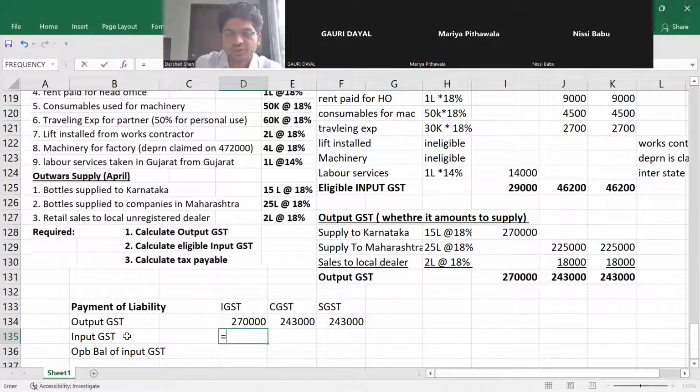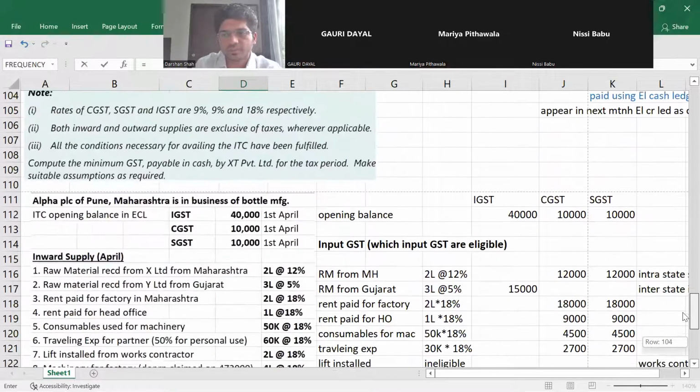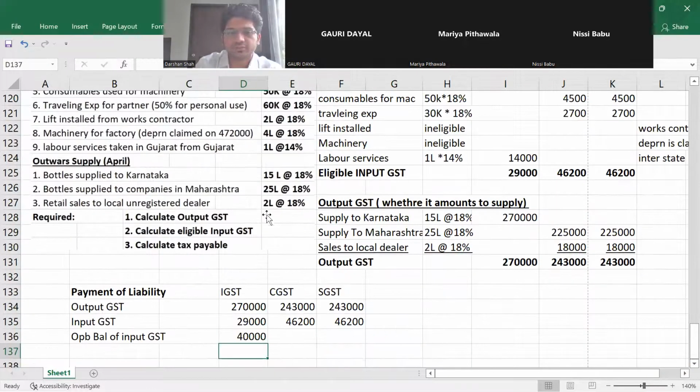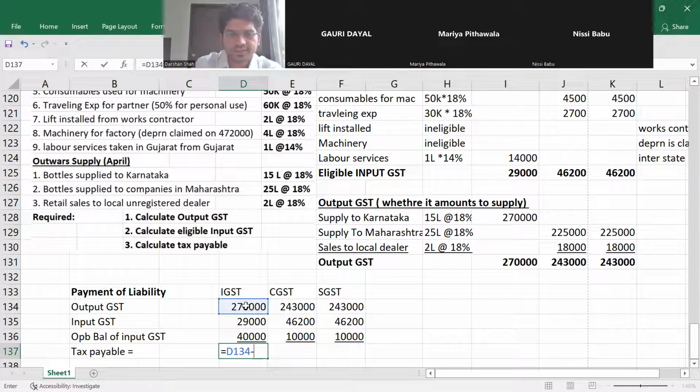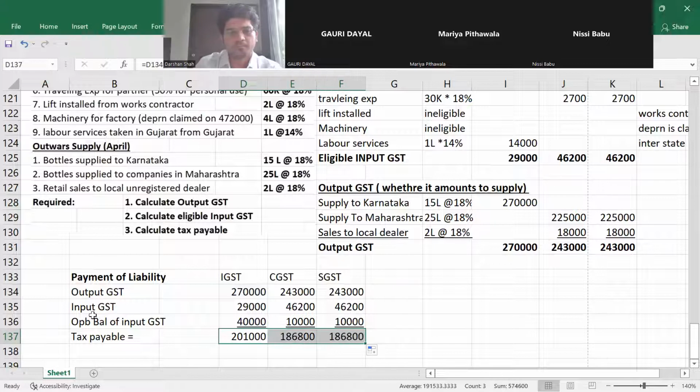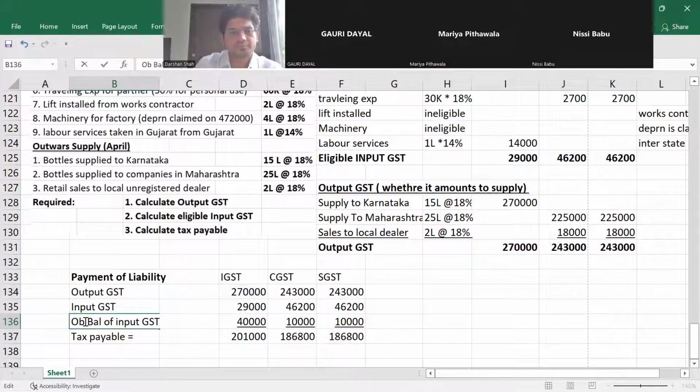Input GST we also calculated, 29,000, 46,200, 46,200. And the opening balance of input GST is 40,000, 10,000, 10,000. Simple. I think everywhere it is going to be payable only, so tax payable will not come out negative. Output GST minus input GST minus opening balance. Right. Everywhere tax is payable.